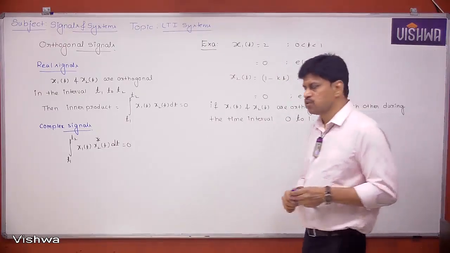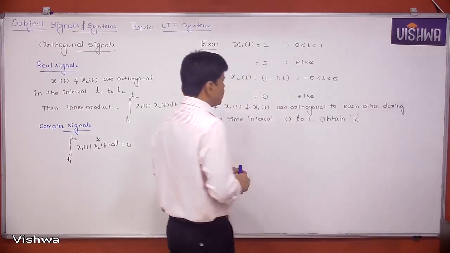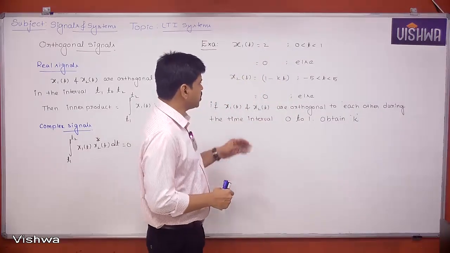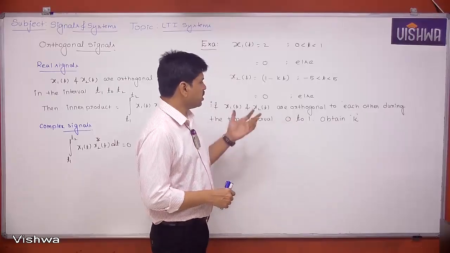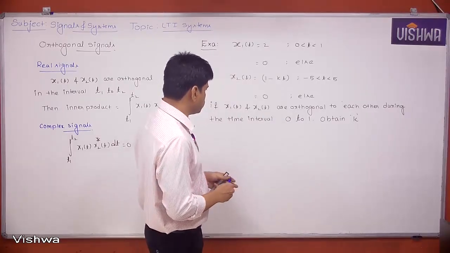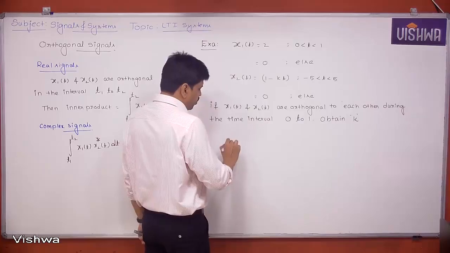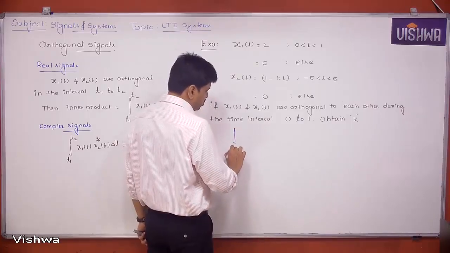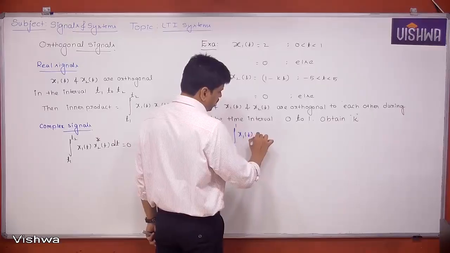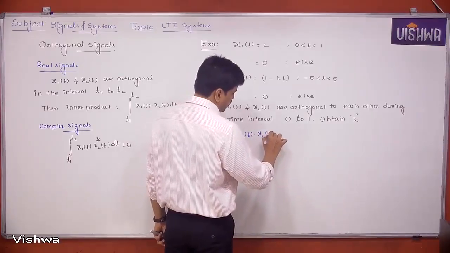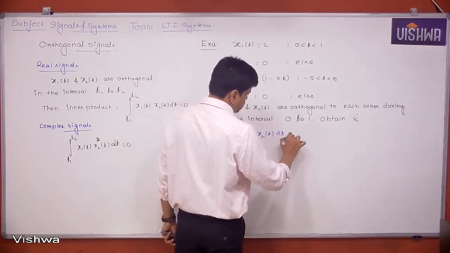We just have to think, we require to find k. First they have to be orthogonal to each other between 0 to 1. And they are real signals, so we don't have to take any conjugate. So what we have to say is integral 0 to 1 x1 of t multiplied with x2 of t dt is equal to 0.